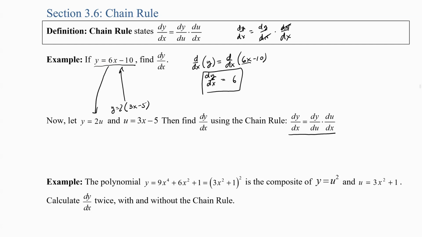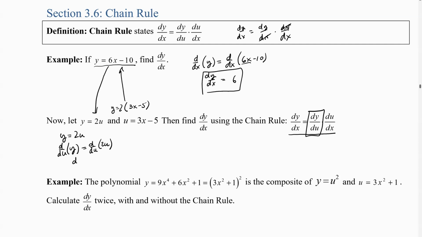Okay, well, what would we have to do? Well, first we'll have to find dy/du. So here's y is 2u, right? I'm going to take the derivative with respect to x of both sides of the equation. I'm sorry, the derivative with respect to u of both sides of the equation.